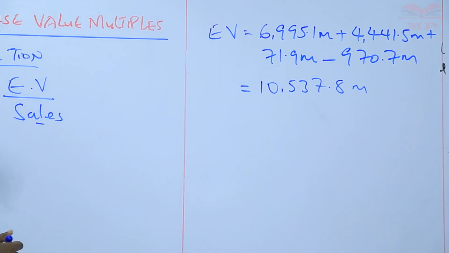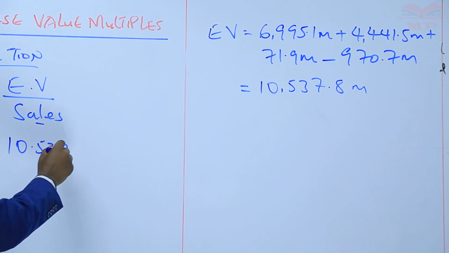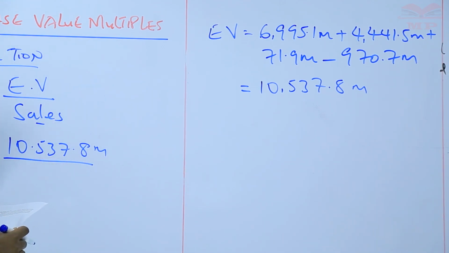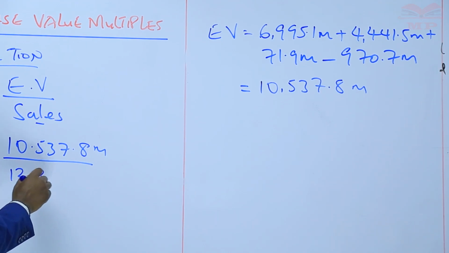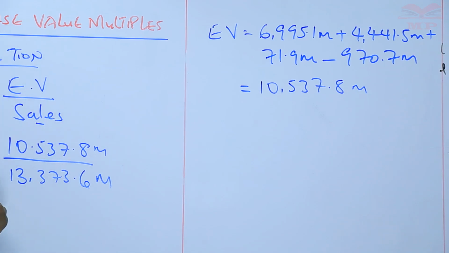Therefore, the enterprise value to sales will be equal to 10,537.8 million divided by the net sales of 13,373.6 million.